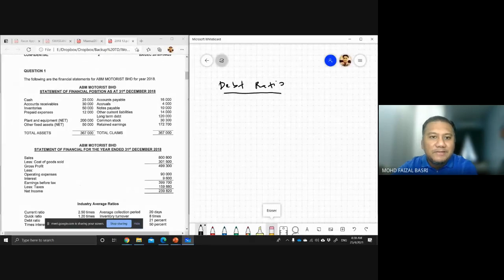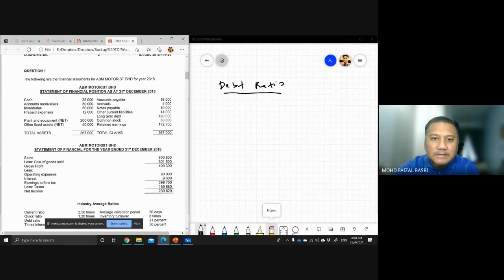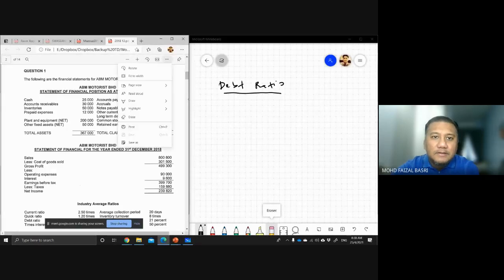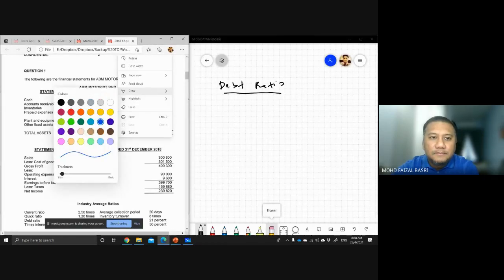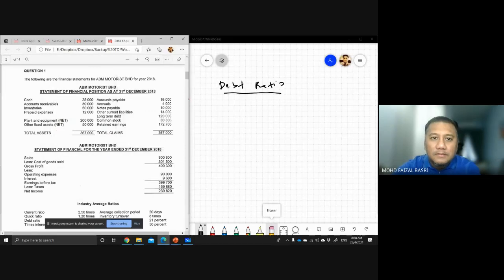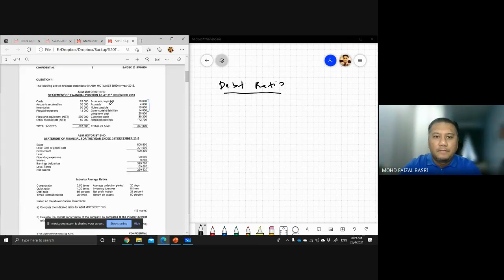Remember, when we say total debt, it includes the current liabilities. The current liabilities include these 4 items. This is the current liabilities, and this is the long-term liabilities, the long-term debts. And these two are obviously the equity.